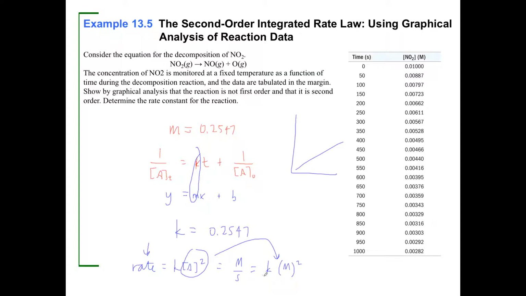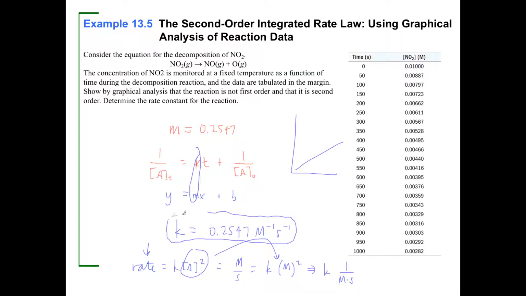So this implies that k is going to be 1 over molar seconds. Okay, so your book probably says per molar second. That's probably how that's given.